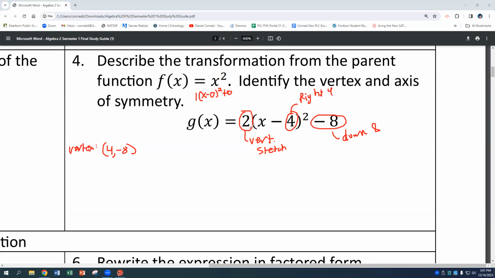Again, it's plus 4 because the formula is x minus h. Your vertex form is a times x minus h squared plus k. So my k here is negative 8, my h is 4, and the axis of symmetry is just going to be x equals 4.